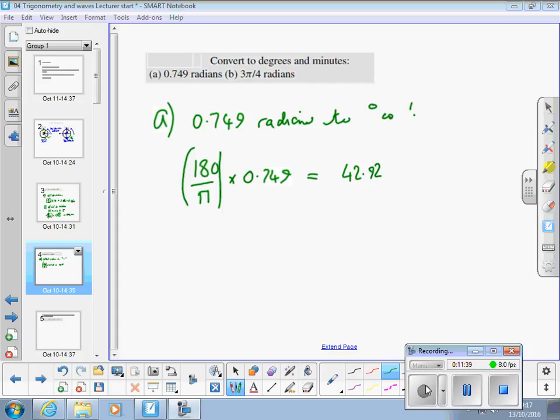It's 0.92 of 1 degree. Yeah? 1 degree equals 60 minutes. So surely that's 0.92 times 60 to get the minutes. Yeah? Alright.